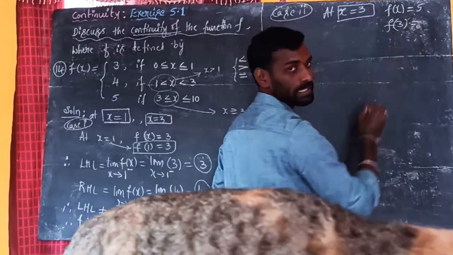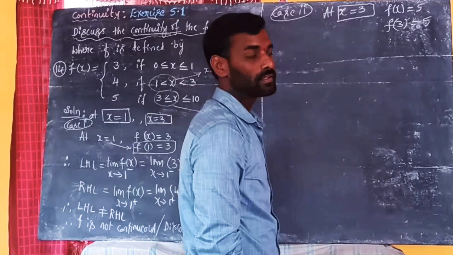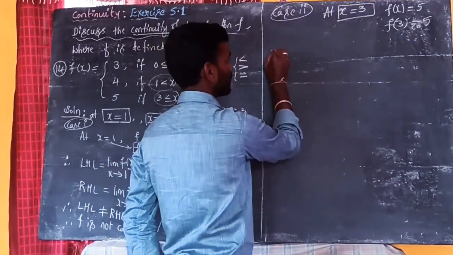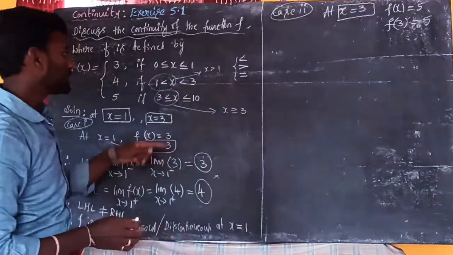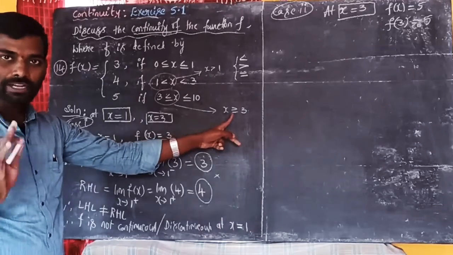At x is equal to 3, that is also 5 only. So now observe guys. Here at x is equal to 3, there are less than and greater than or equal to symbols. That's why we will use the left hand limit and right hand limit.